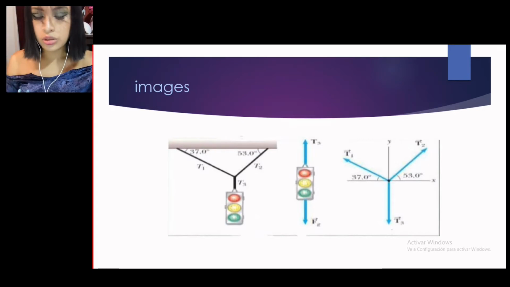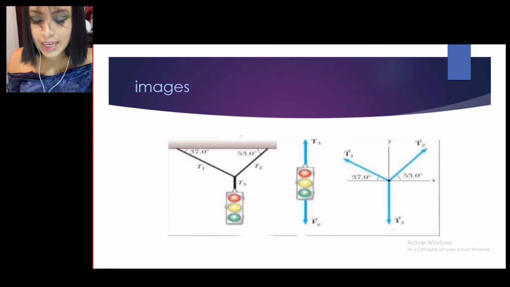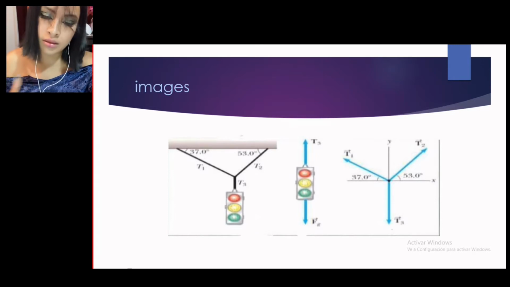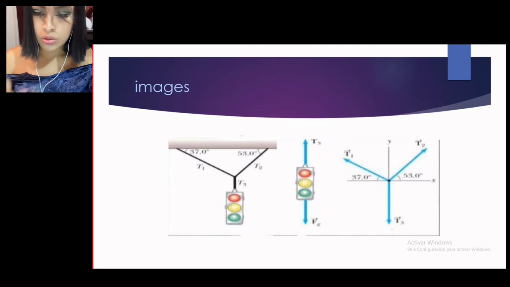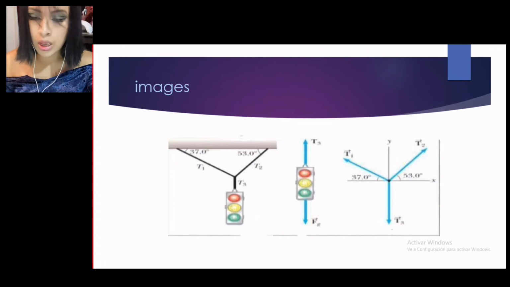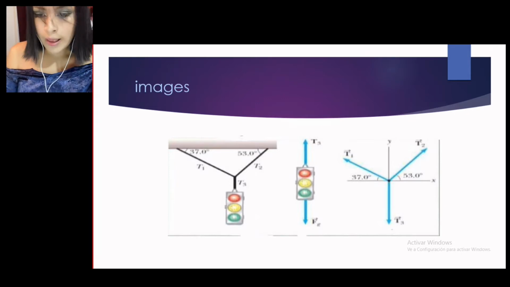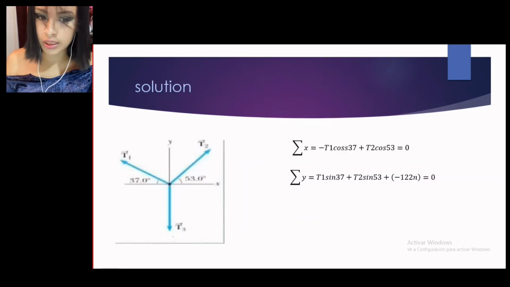In the third image, I have the most important points, because we have to locate the components or vectors very well in our Cartesian plane. We have to remember to put them on the correct side, because if we put them on another side, our results are going to be wrong, obviously.